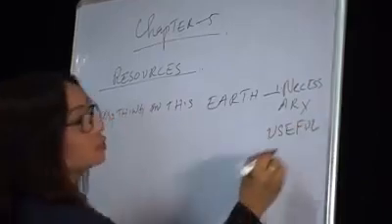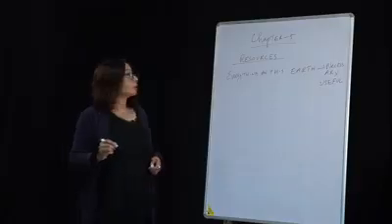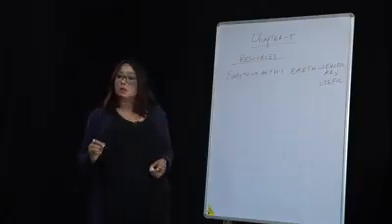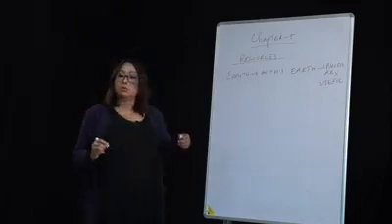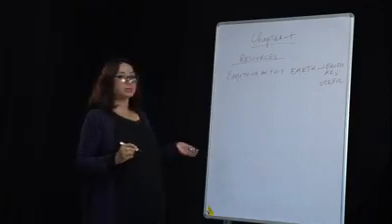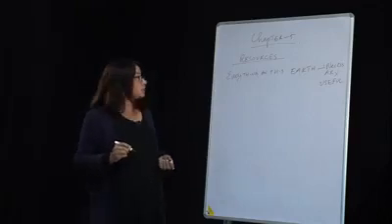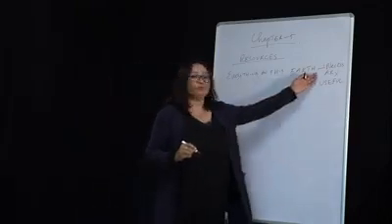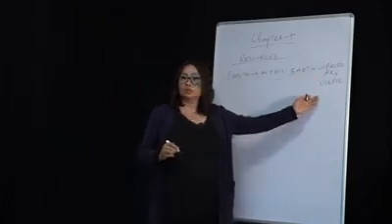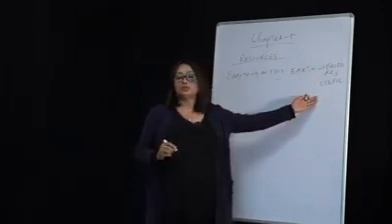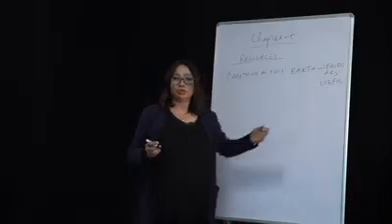Useful for what? Necessary for what? Survival. So everything on this earth that is necessary or useful for survival is known as a resource. So necessary for existence, useful for existence. Existence means survival, to live on this earth.